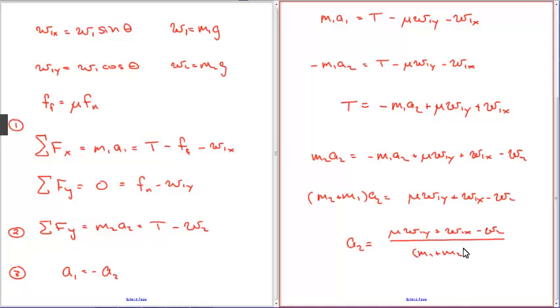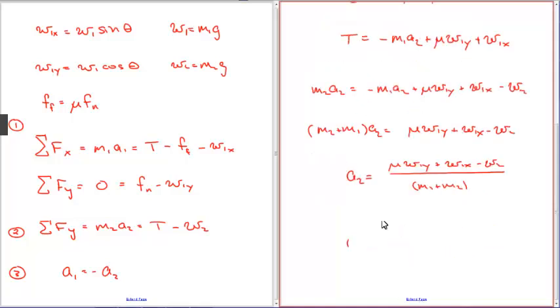And then finally, we can substitute in what we know about these other things. So we get A is equal to mu, which we know, W1y is equal to W1 times the cosine of theta, plus W1x, which is W1 times the sine of theta, minus W2, all divided by M1 plus M2.